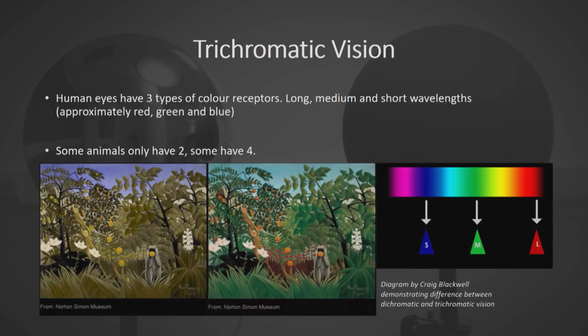This is actually not common for a lot of mammals, right? Most mammals only really have two color receptors, so they can see between reds and blues, but they can't differentiate the greens. And you can see in this example over here what that might potentially look like. But yeah, the basic idea is that humans have three different types of color receptors, which is why we distinguish between red, green, and blue.